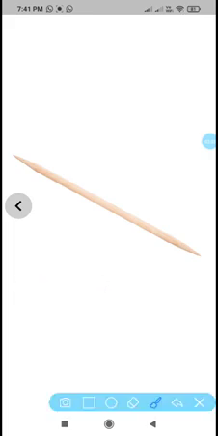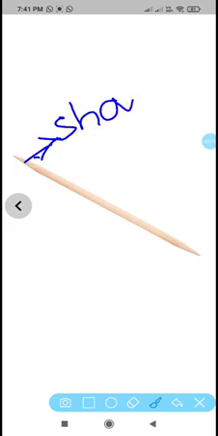See this toothpick, how sharp it is, with a very sharp edge. In the same way, the leaves of insectivorous plants also have such sharp edges at the end of the leaf, at the margin of the leaf.